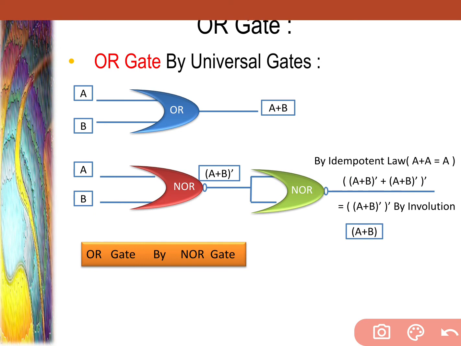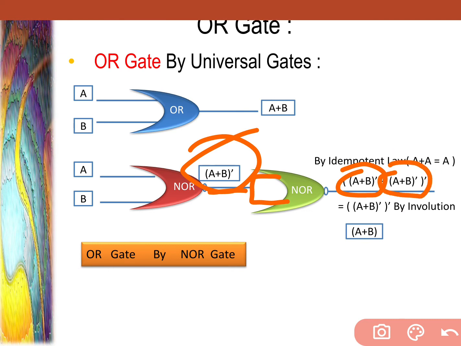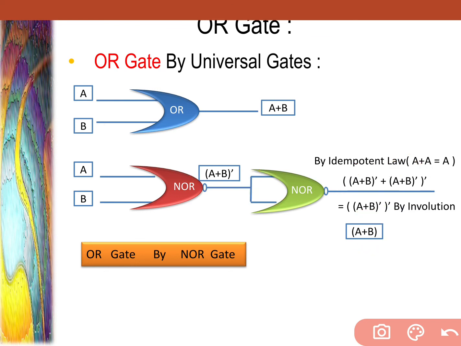How are we going to remove it? See, the answer we are having with dash, we have to remove that dash. That's why we are sending it 2 times. When we are sending the same thing 2 times, by idempotent law we can write it 1 time. And with the help of involution law, dash dash will be cancelled. We are getting the same thing.